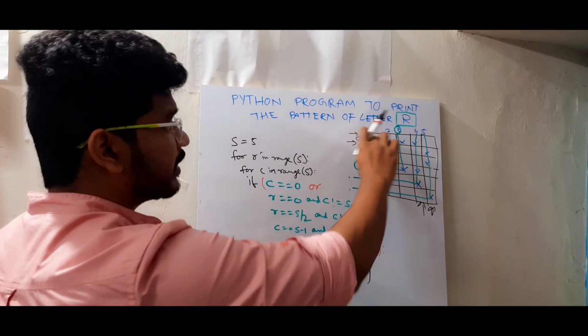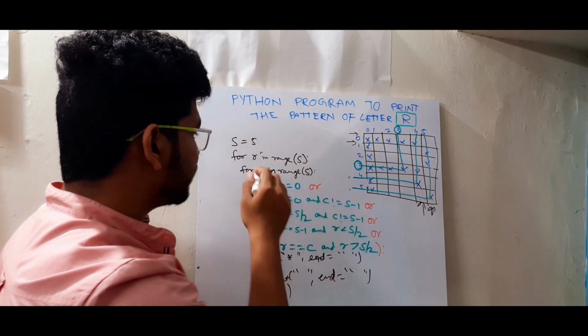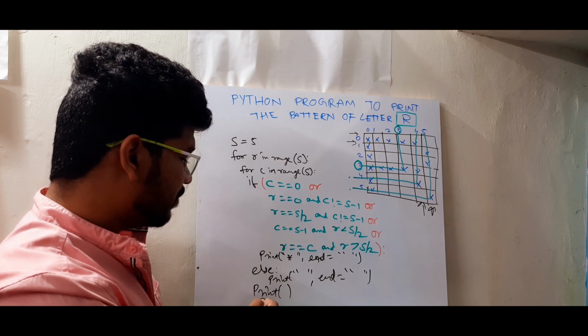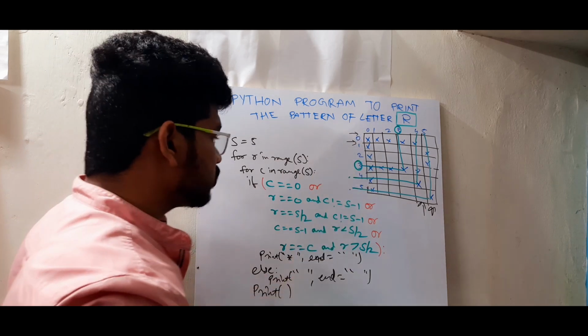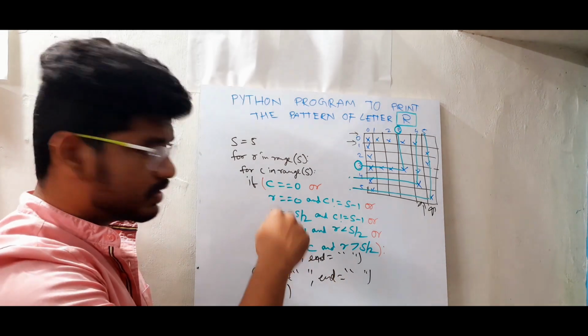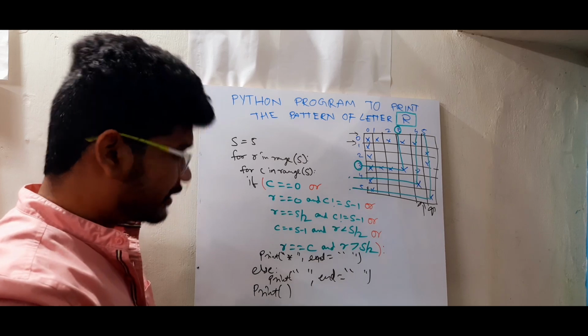After the first iteration printing all these stars, it should go to the next line to print the next line of stars. So for that, after the first for, I add an empty print and it goes to the next line. So this is the basic program. The main thing here is the 5 conditions for printing stars. So that's it for the explanation.